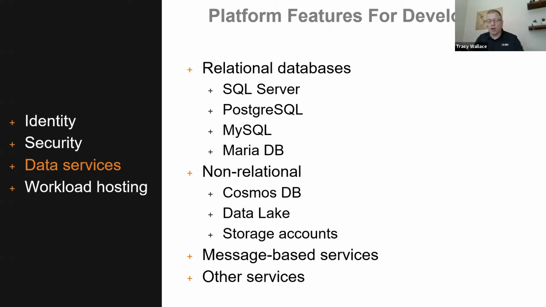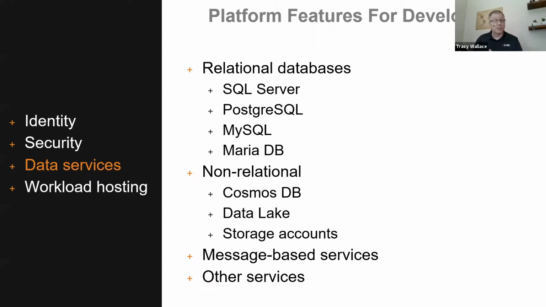Now, there's also a number of non-relational systems. If you're not familiar with Azure, you may not have heard of Cosmos DB. If you are familiar with Azure, it's pretty likely you have. This is really their premier non-relational NoSQL platform. It actually supports a number of APIs, including document-based. They have their own, which is called the SQL API. If you use MongoDB, that's supported.